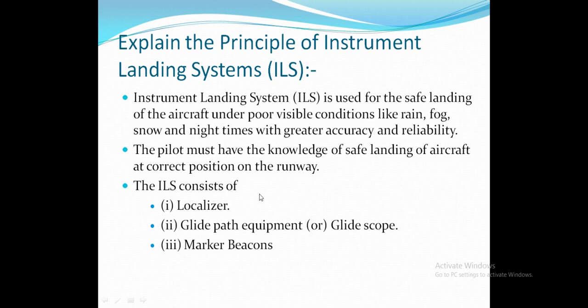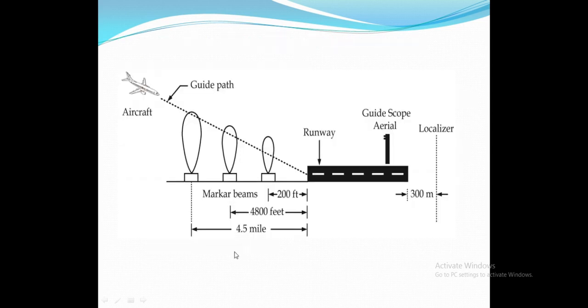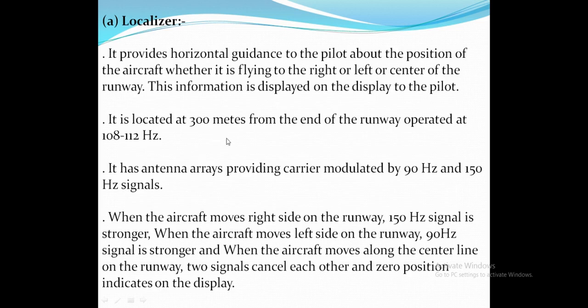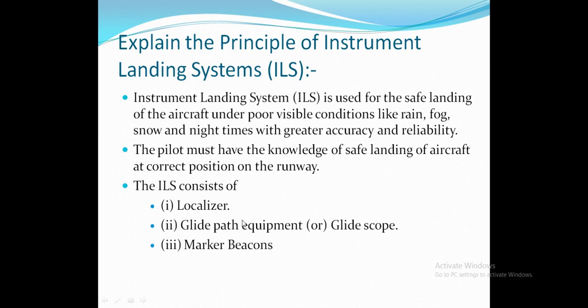If the pilot does not know the instrument landing system, the aircraft may be damaged. ILS, meaning instrument landing system, consists of three parts: a localizer, glide path equipment, and marker beacons.